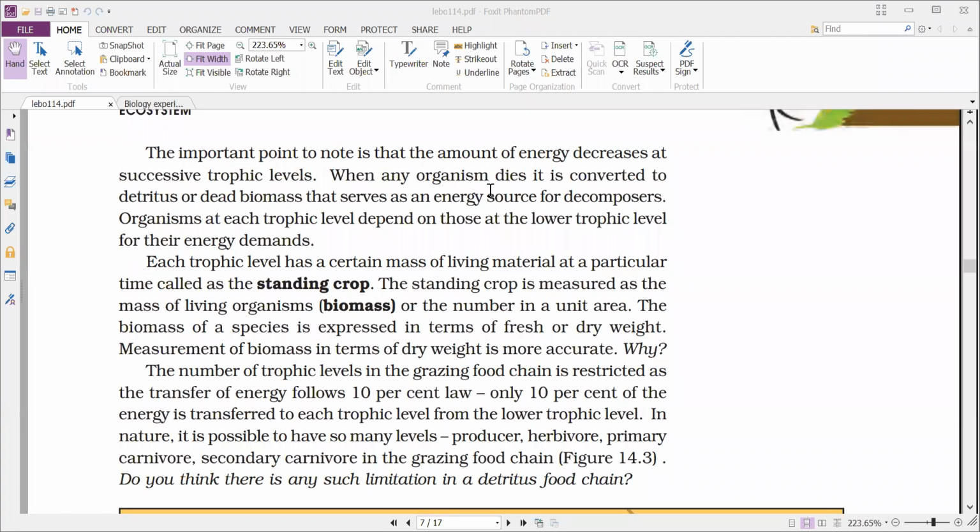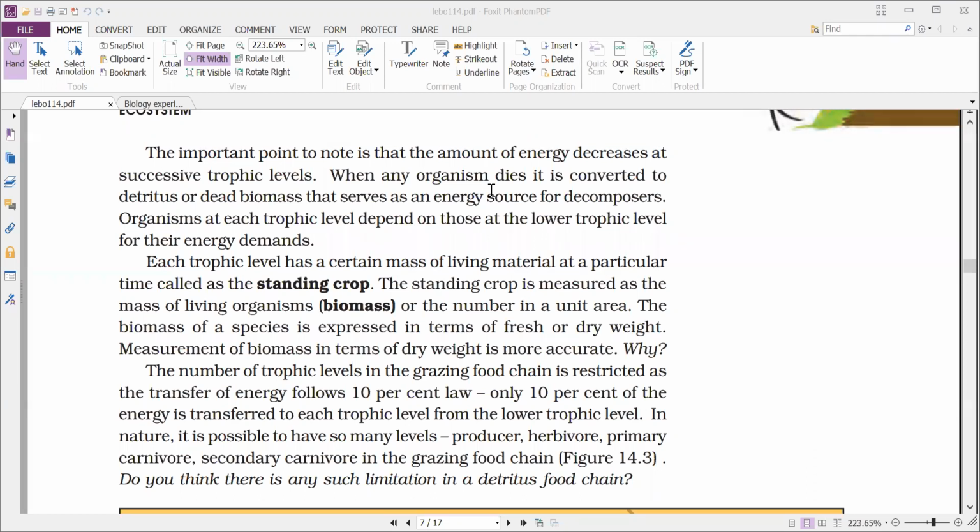Some amount of energy is already lost in the producers, and the NPP forms the source for a herbivore. And in that herbivore also, in the gross secondary productivity, some amount of energy is used in respiration, which is lost into the environment. And the remaining, the net secondary productivity at a herbivore, is only made available to the next trophic level, and that will be taken up by the carnivore.